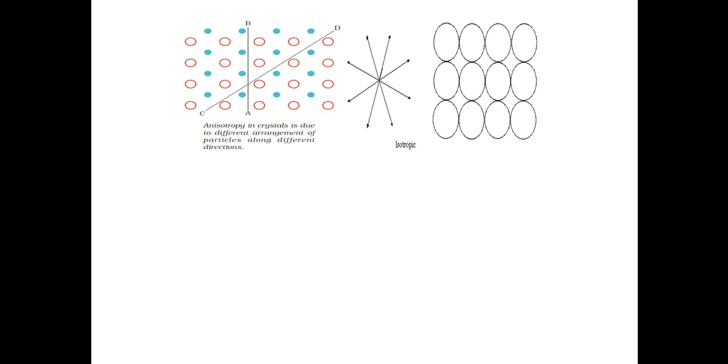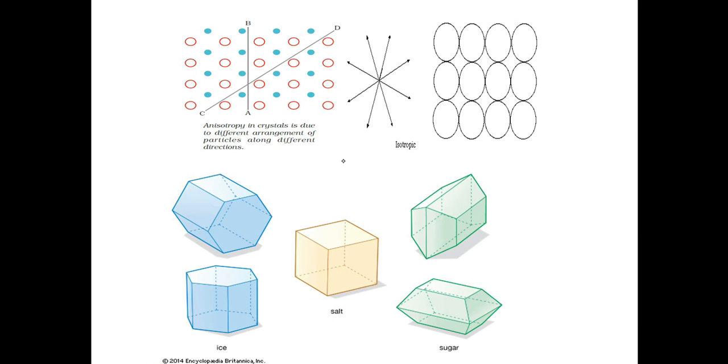Here we will say this is isotropy. What is isotropy? You will observe that the number of particles is the same in all directions. Here as well as here, they have the same number of particles. Whereas in this case, they have different particles in this direction and different particles in this direction. It means this is anisotropic and this is isotropic.